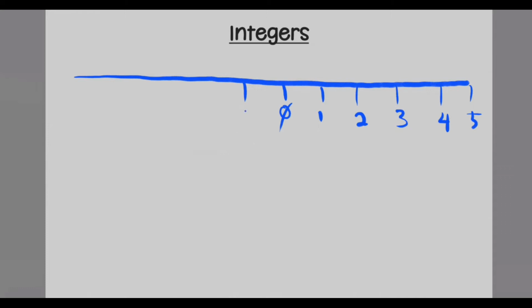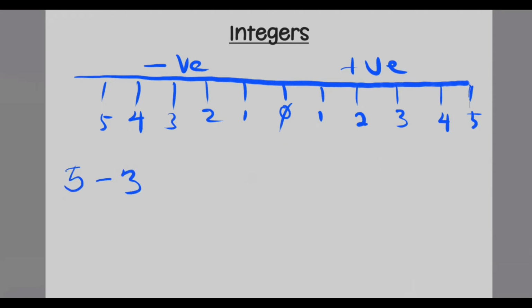Don't forget this is negative: 1, 2, 3, 4, 5, negative numbers. And you have positive numbers, okay? So when you have a number line, use the number line to solve the question 5 minus 3.